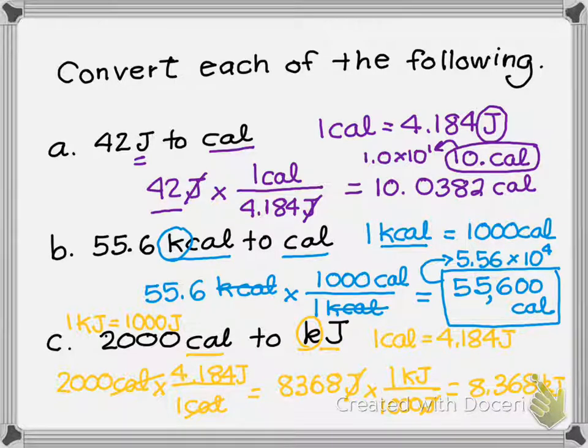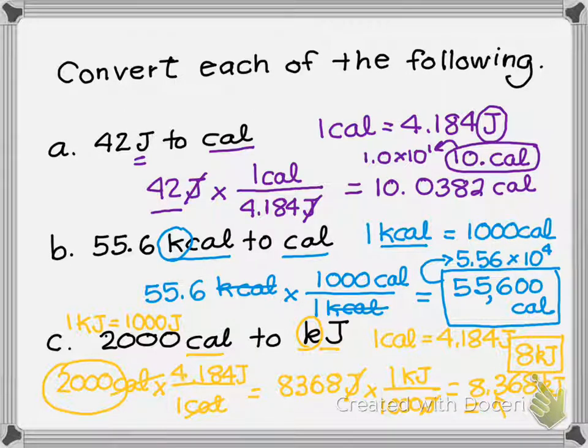And since this number here only has one significant figure, I could just write as my final answer 8 kilojoules. I would keep it at 8 because I'm dropping off a 3, which is less than 5, so I wouldn't round up. So there's 3 examples about how to convert between the different units.